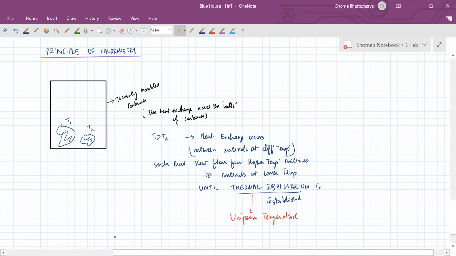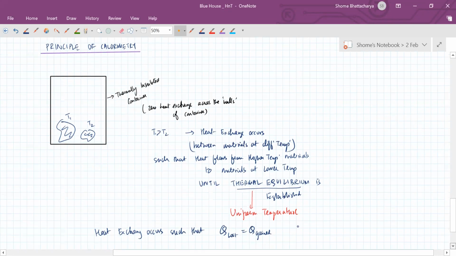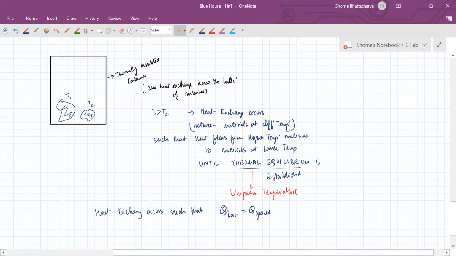So this heat exchange happens in such a way that the heat lost is equal to the heat gained. So this is called the principle of calorimetry.